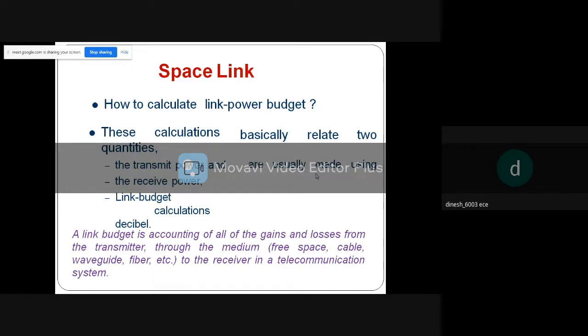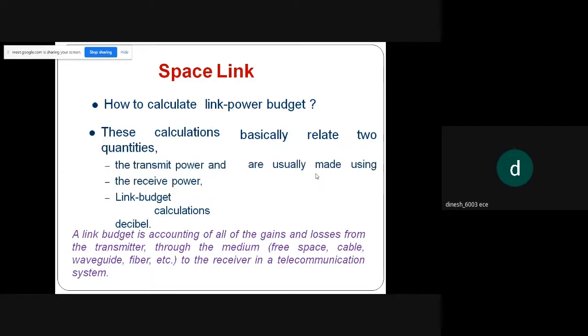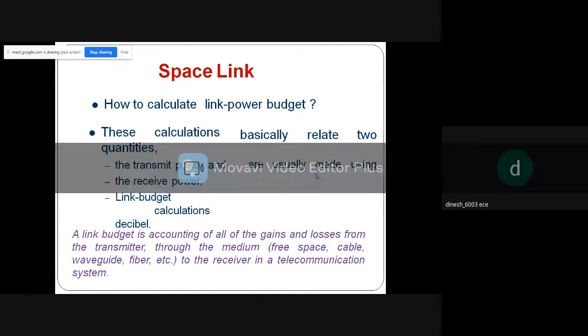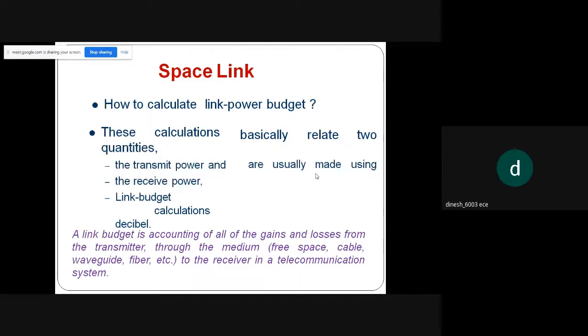Because the Earth station transmits signals to the satellite, for observing a particular location or a point or a geographical area, using a frequency called the uplink frequency.